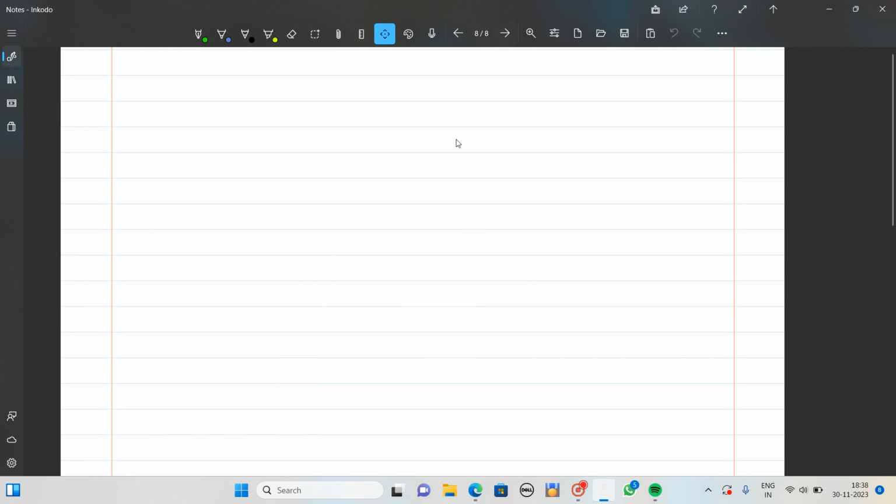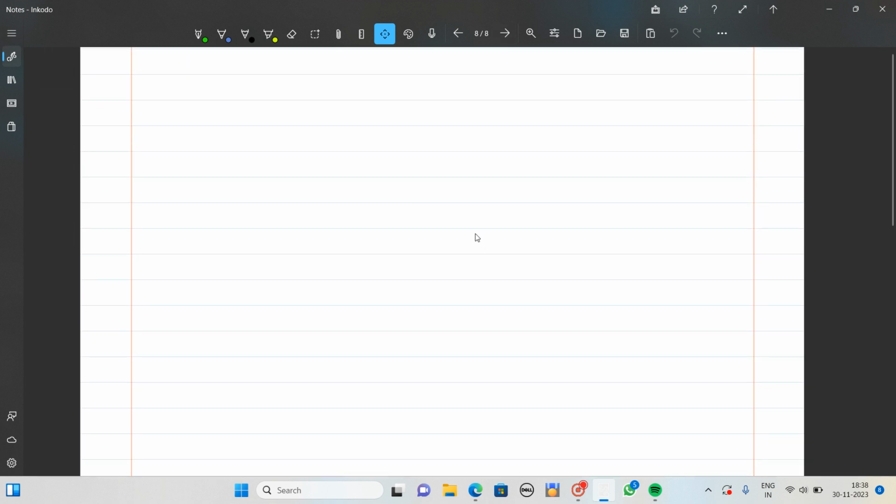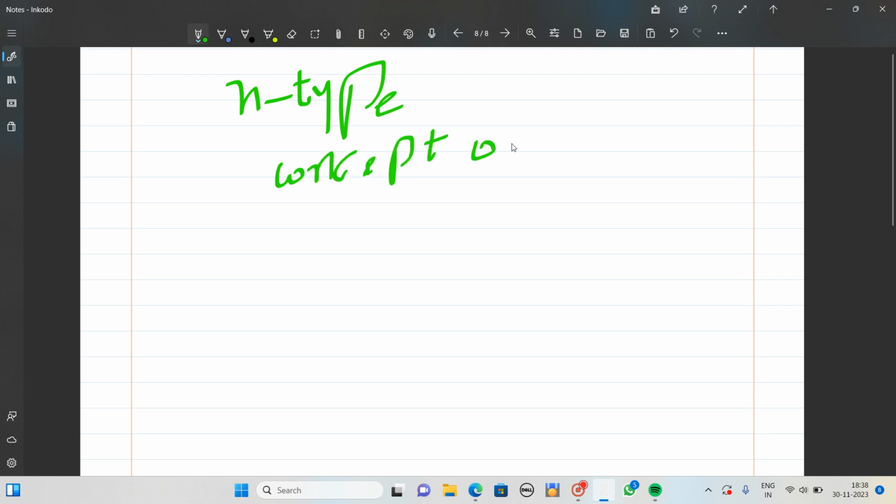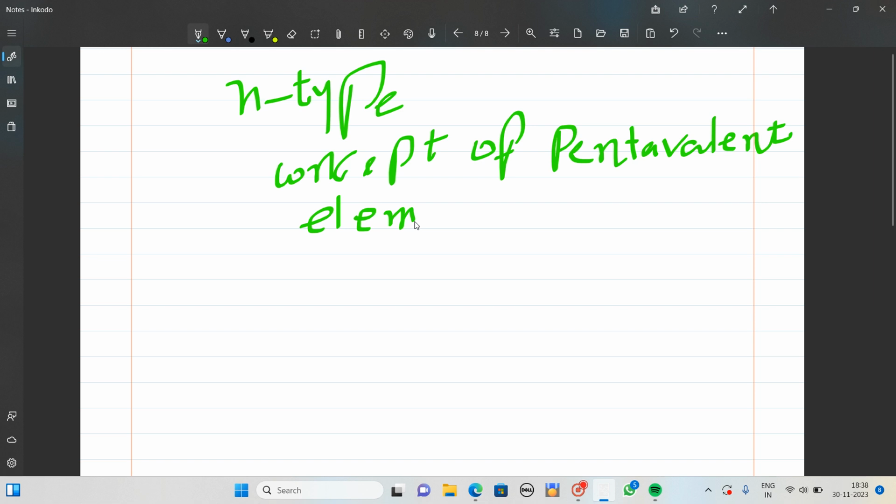So in N-type semiconductors, the concept of pentavalent elements comes in.